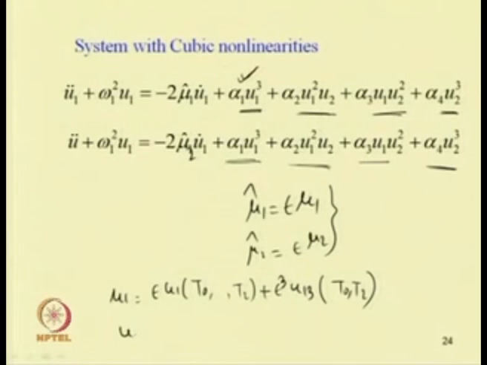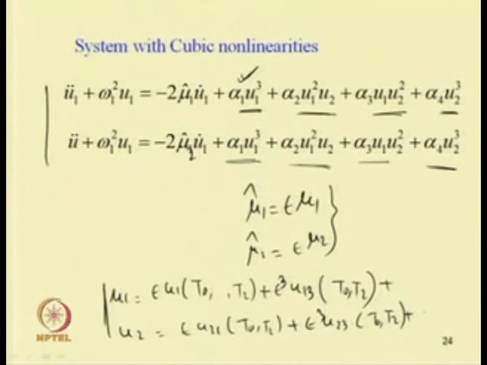Similarly, we can write u 2 equal to epsilon u 2 1 of t 0, t 2 plus epsilon cube u 2 3 of t 0, t 2. By substituting these in the original equation, we can find the terms with epsilon to the power 0, epsilon to the power 1, and epsilon to the power 3.